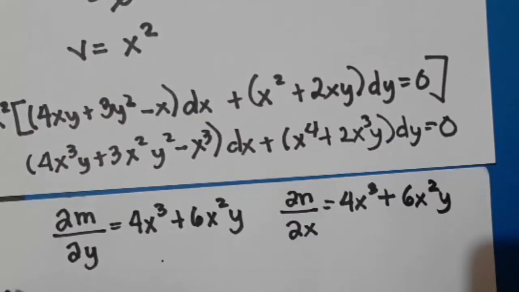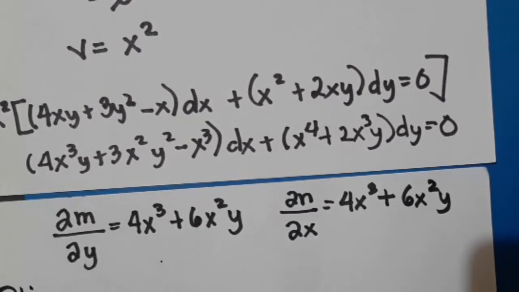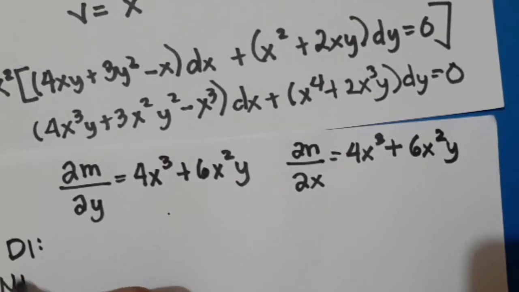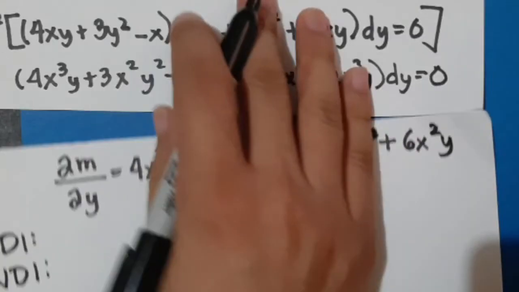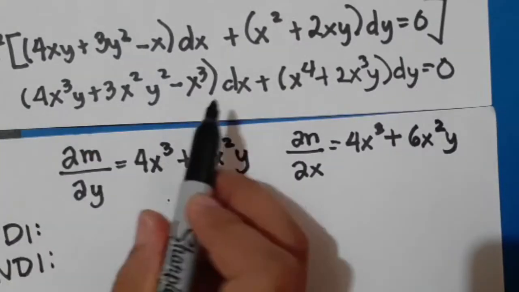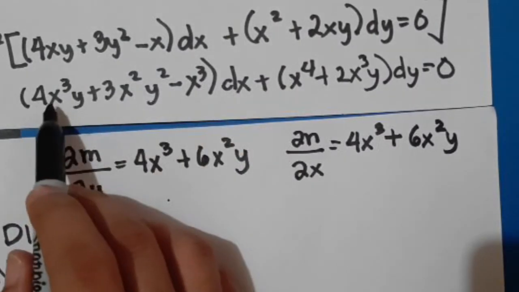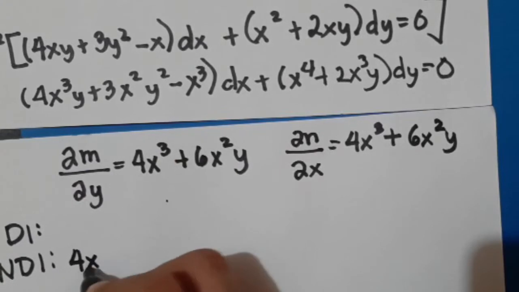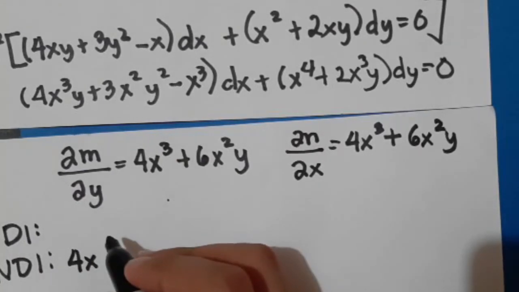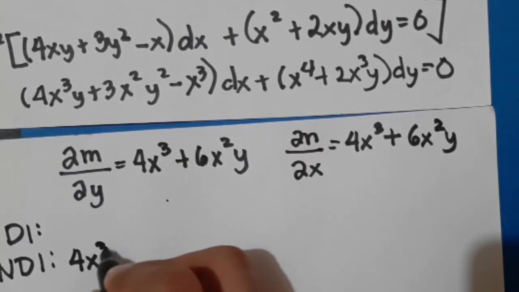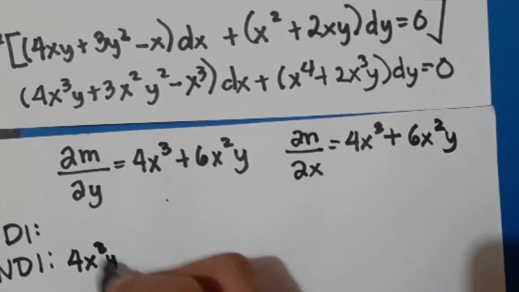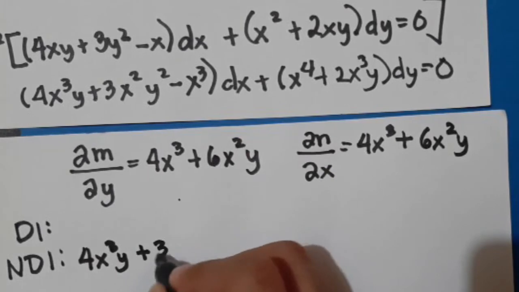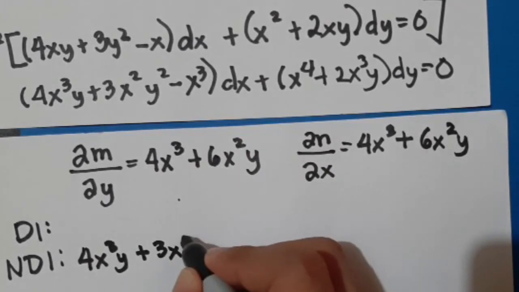So in exact, we solve for the di and ndi. For the first term, 4x cubed y will be in ndi, since we have mixed variables x and y. 3x squared y squared is also ndi, since we have x and y variables.